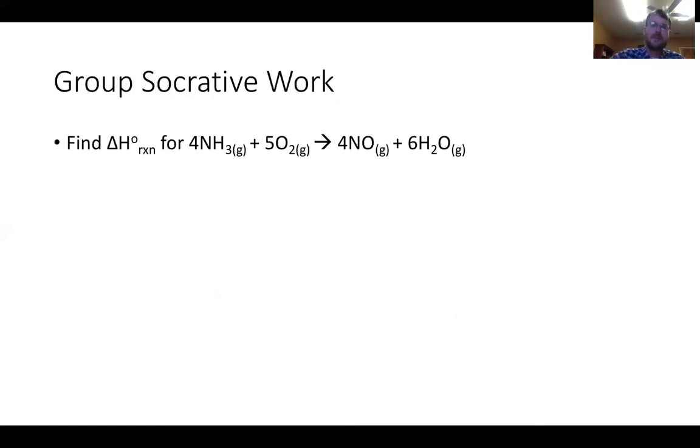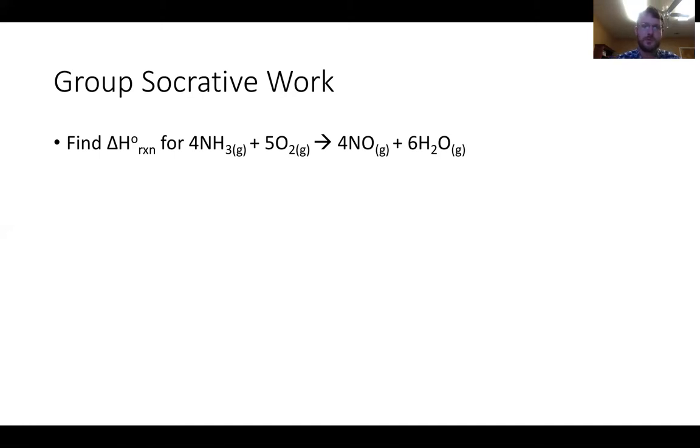So here we have ammonia plus oxygen gives us nitric oxide, or NO gas, and water vapor. Now, products minus reactants. And remember, we need to know the number of moles.